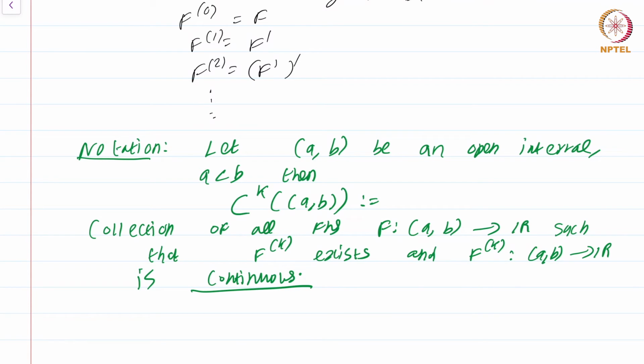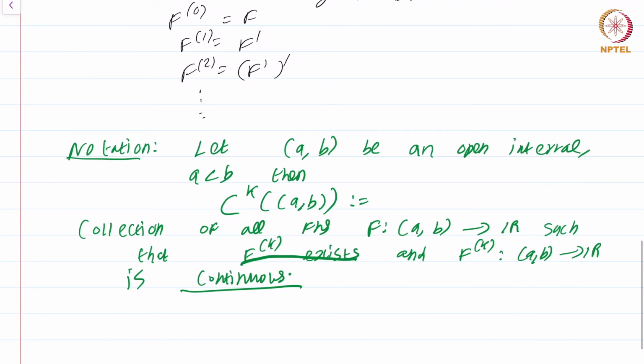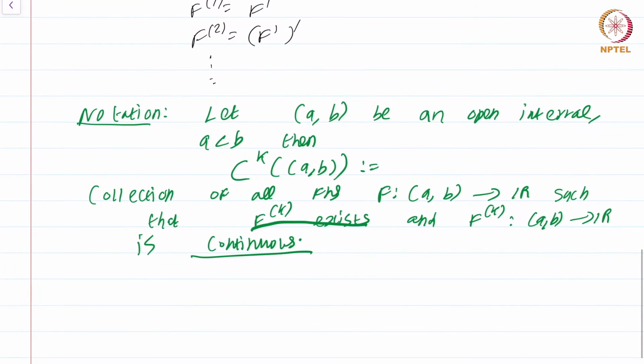For f^(k) to be even defined, f^(k-1) must be defined. So automatically f', f'', f''' up to f^(k-1) are defined just because I'm saying that f^(k) exists. So f^(k) exists is automatically asserting that all the lesser derivatives also exist, and f^(k) should be continuous.